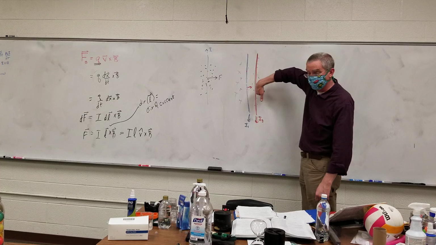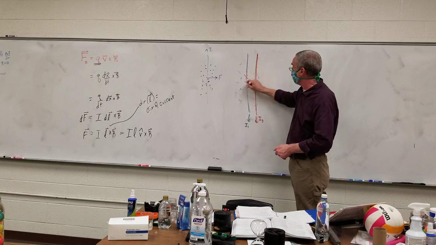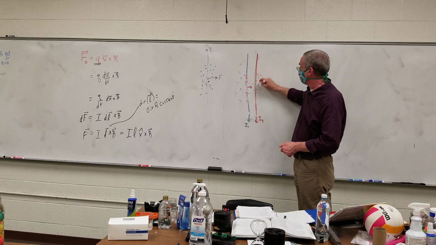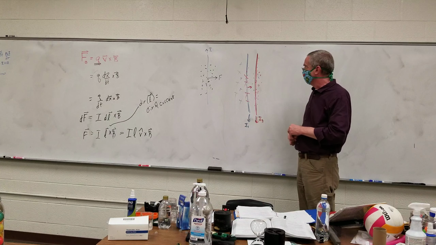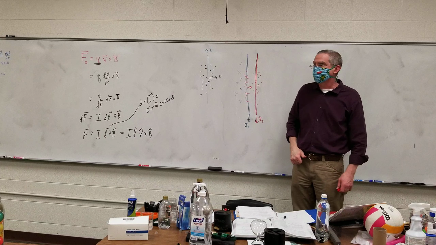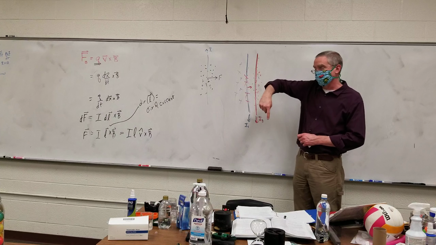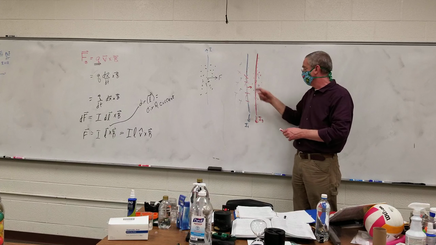Into the board, out of the board, that is correct. I drew my symbols wrong. Into the board was X's, so those would be X's. Out of the board would be dots. So not opposite, okay. So L cross B points it that way. L, the direction of the current flow, B is going into the board, thumb points in.